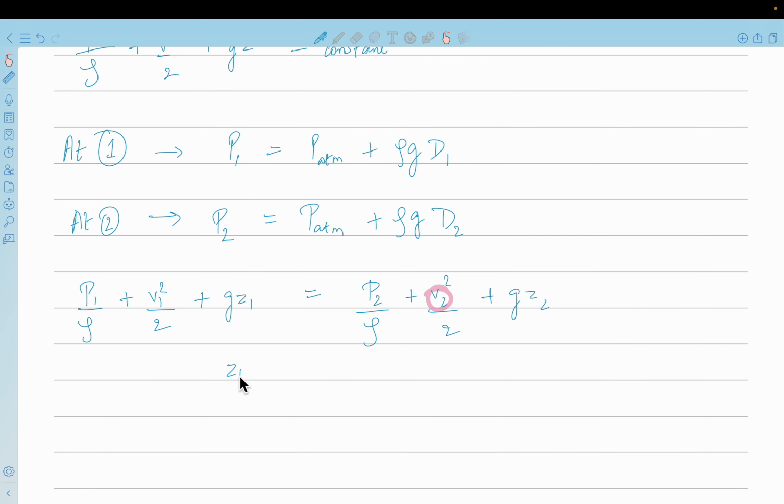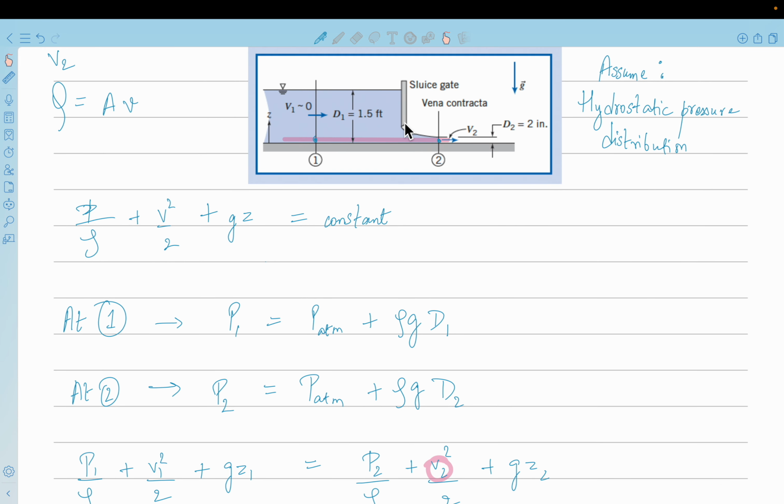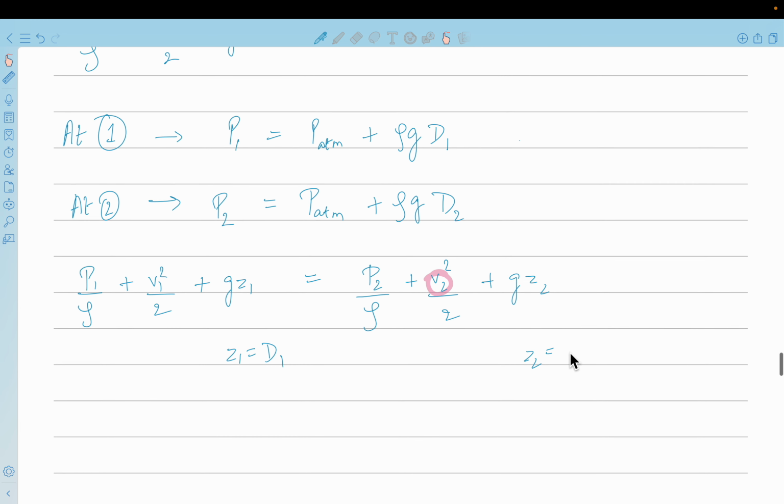So I can say that Z1 is D1. What about Z2? So if you look at the diagram, the free surface is now over here. So with respect to the free surface, the streamline is much closer to the free surface and the depth is only D2. Okay, is this clear how we wrote Z1 and Z2?